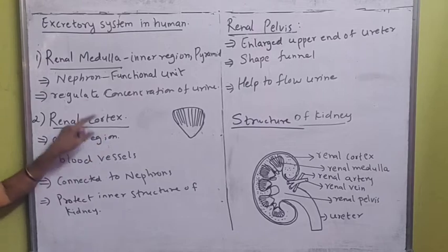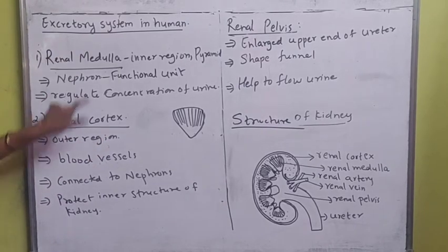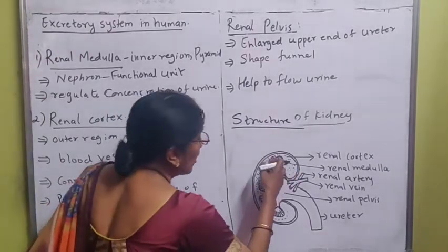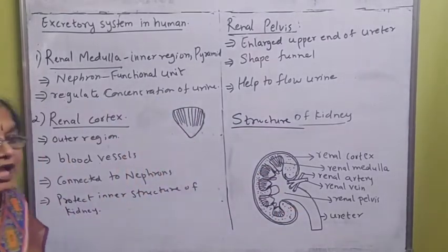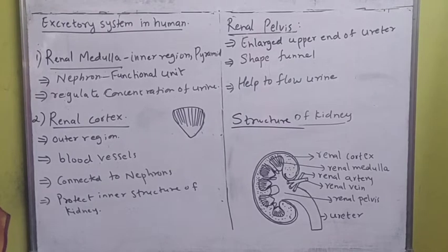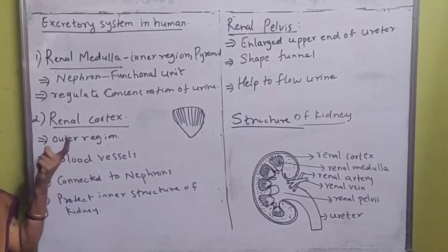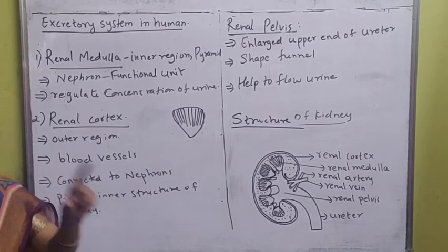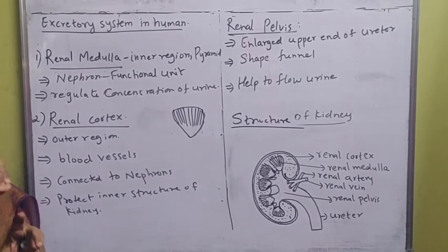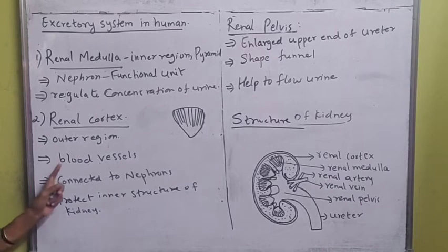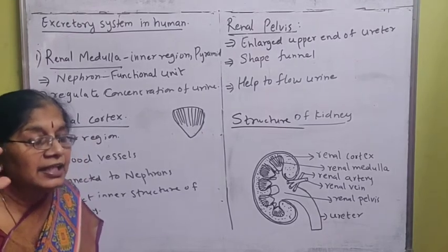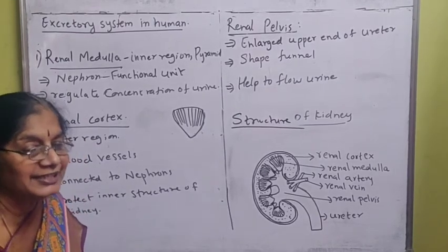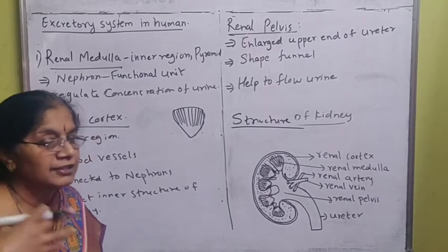Next is your renal cortex. Above the renal medulla, you have this outer dotted part I have marked over here. This region is called the renal cortex. It is the outer region of the kidney. Very important: inner region, outer region. And what does the renal cortex contain? It contains blood vessels, the capillaries, then the arteries and veins.